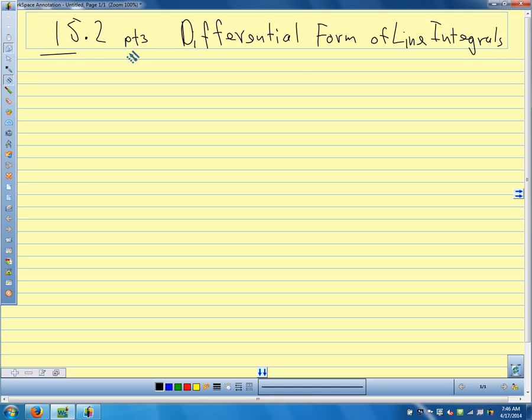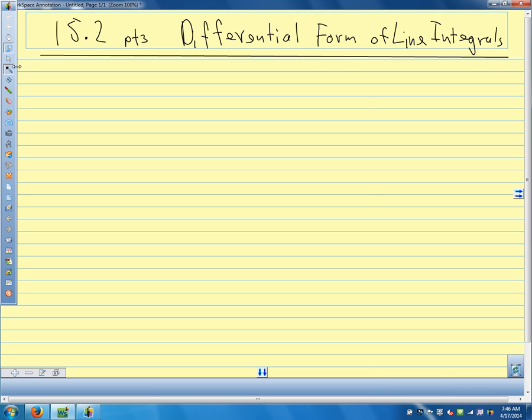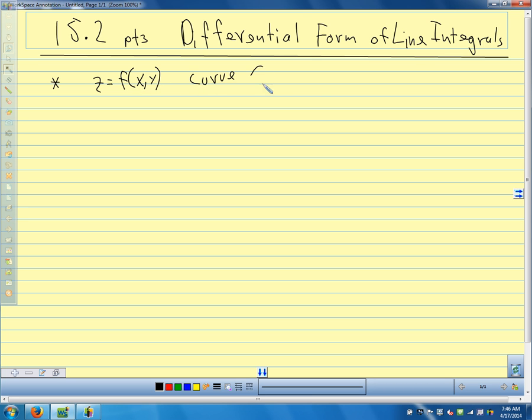All right, so just a quick summary of what we talked about with line integrals. For a scalar field, z equals f of x, y, and we have a smooth curve C. The line integral along C of our function f of x, y ds is the integral from a to b.